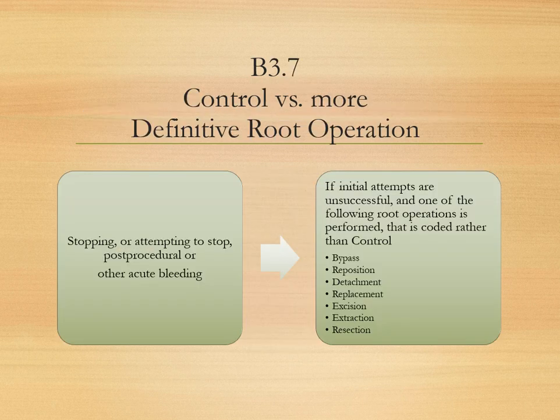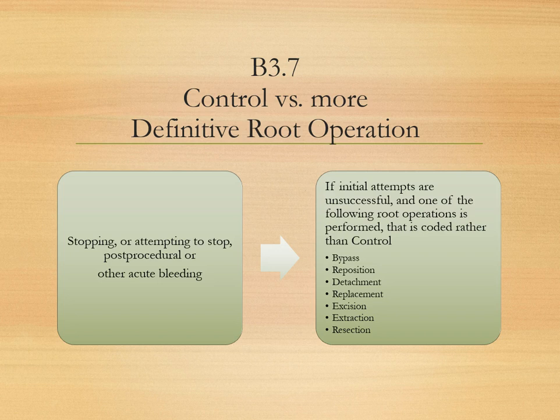On to guideline B3.7, which is control versus more definitive root operations. All right, so the root operation control is defined as stopping or attempting to stop post-procedural or other acute bleeding.